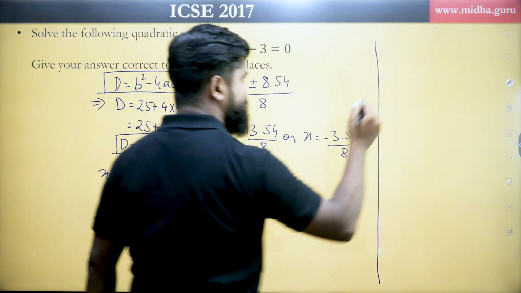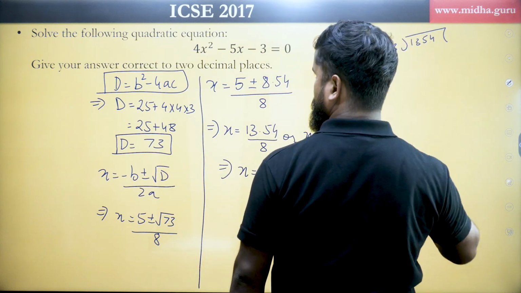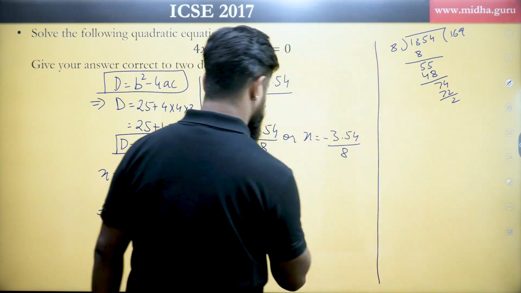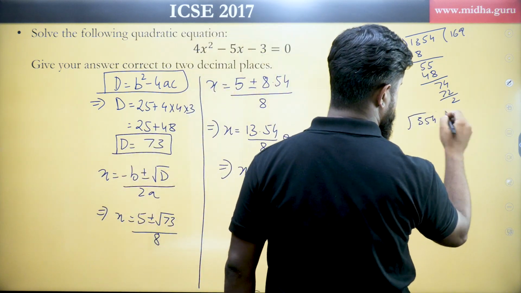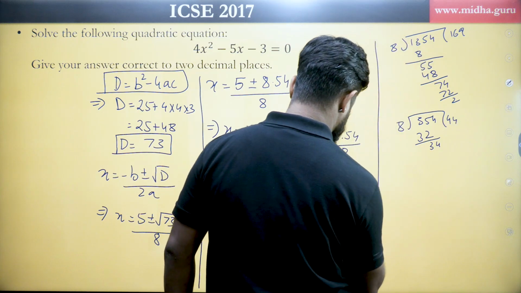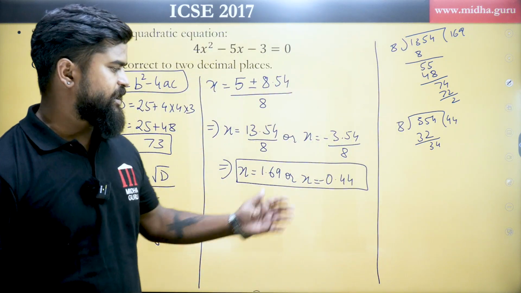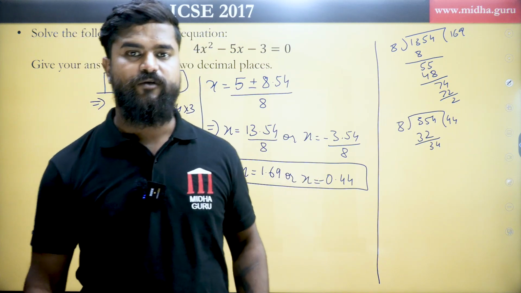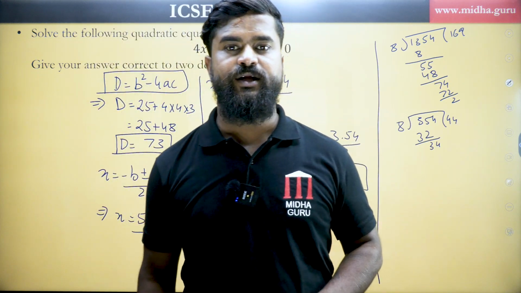So x will be equal to, so the values of x for the given quadratic equation are 1.69 or minus 0.44. Now let's move on to the next question.